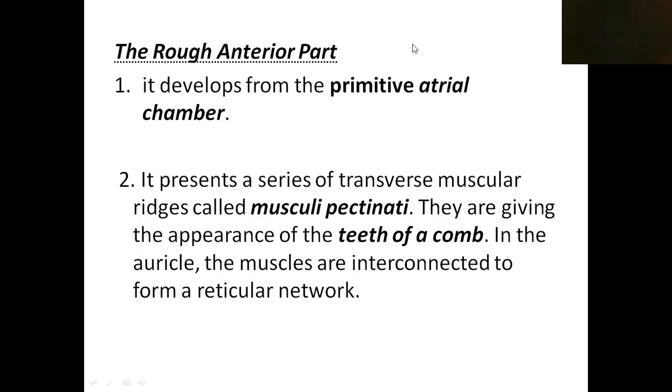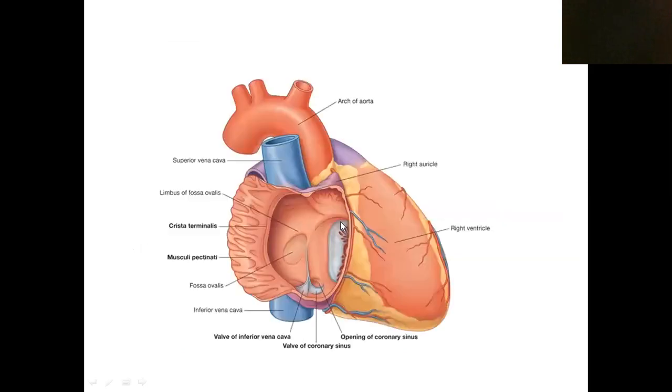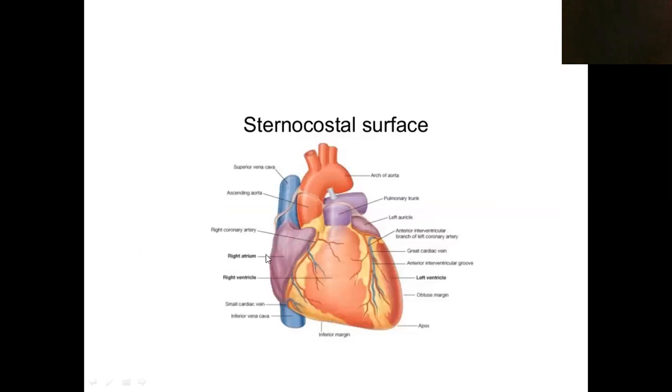Now the rough anterior part. First of all, about its development: it develops from the primitive atrial chamber. Now we are going to discuss the features. It has pectinate muscles, or musculi pectinati. I told you this is the opened atrium.